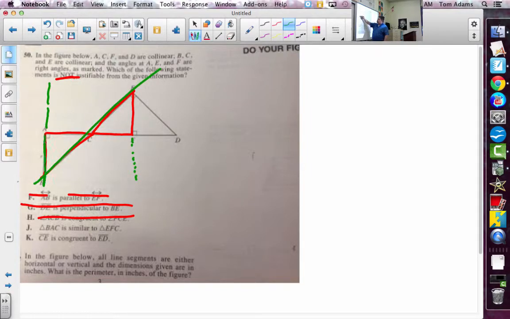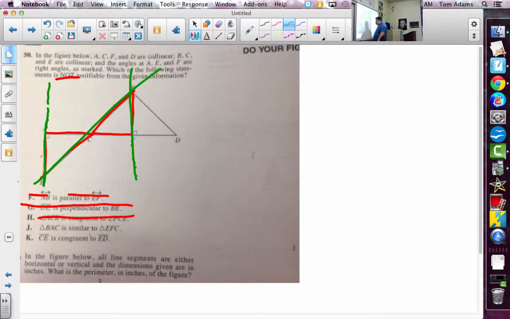That is a transversal, right? So what I need to do to show that they're similar, I need to use one of those theorems for similar triangles. If I could prove all three angles are congruent, then I could prove that they're similar triangles, right? Because I have no information on the sides. I don't know how long any of the sides are, so I have to use the angles.